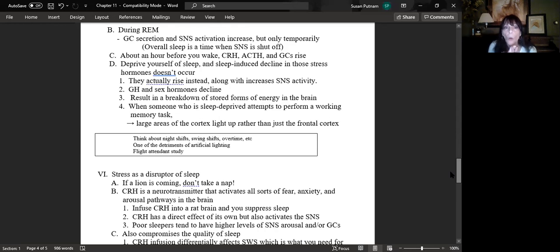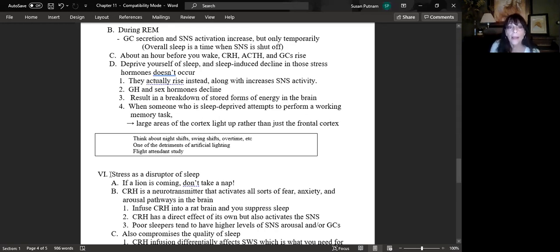And actually, one of the detriments of artificial lighting is that because we have artificial lights, we can stay up all night. We can do things all night. People can work in a plant at night in different shifts. And that is positive in terms of productivity, but it also means that some of us are not getting that cycle of sleep and hormone levels going up and down that we should.